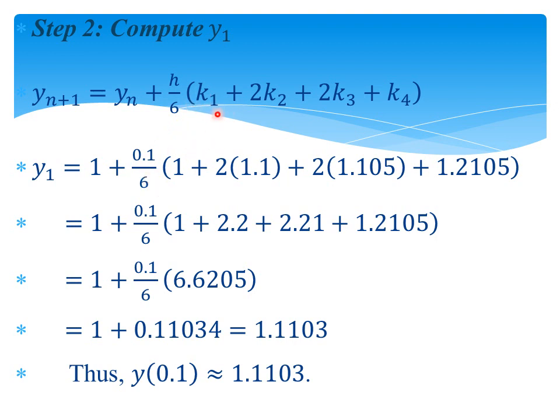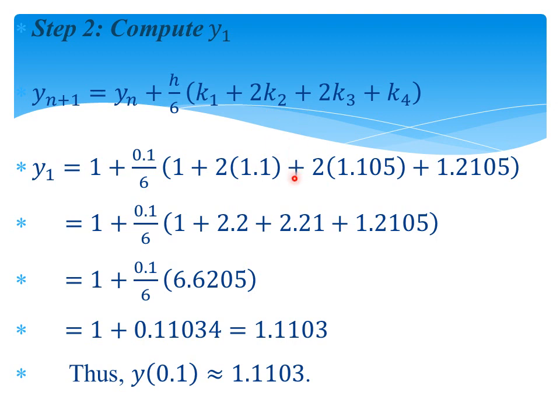Now you can see here k1, which we got before. Plus sign, according to the formula, then you write 2 times the value of k2, which we found, 1.1.